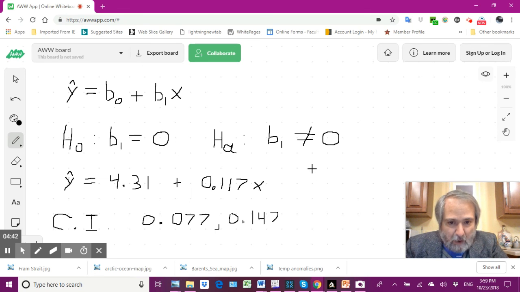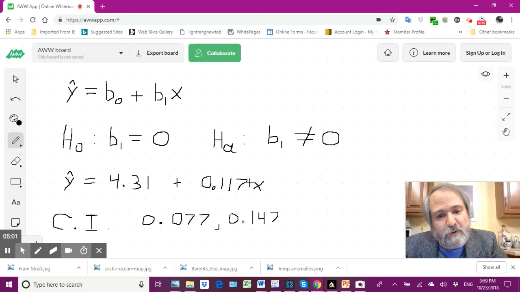So if we got a probability value of p equals 0.003, that's less than 0.05, we would reject H0, accept HA, and basically say, yes, this is useful.